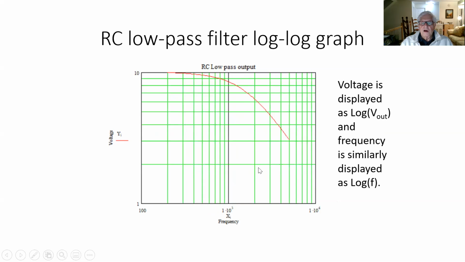But if we use a log-log scale, we get a nice curve, with the logarithm of the voltage output and the logarithm of the frequency. This is often done because the frequency range can be huge, and so can the output be very big. So voltage is displayed as the log of V out, and frequency is displayed as the logarithm of frequency.